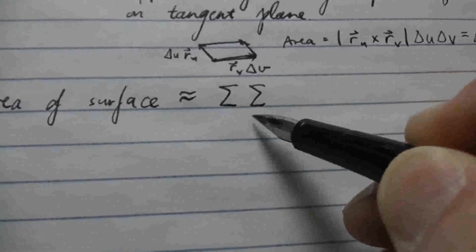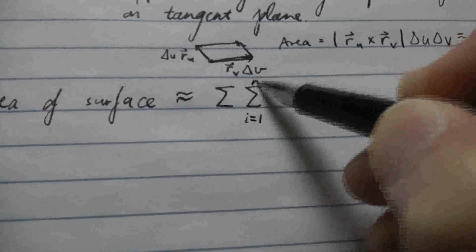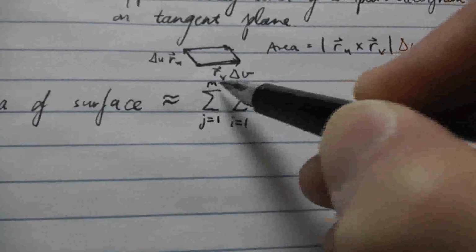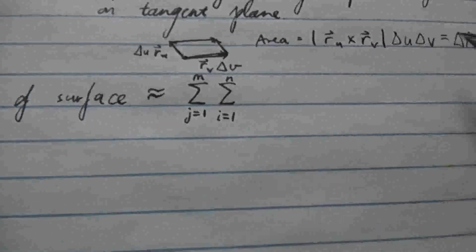Say there are n blocks in the u direction and m blocks in the v direction, then we want to add up all these little pieces.